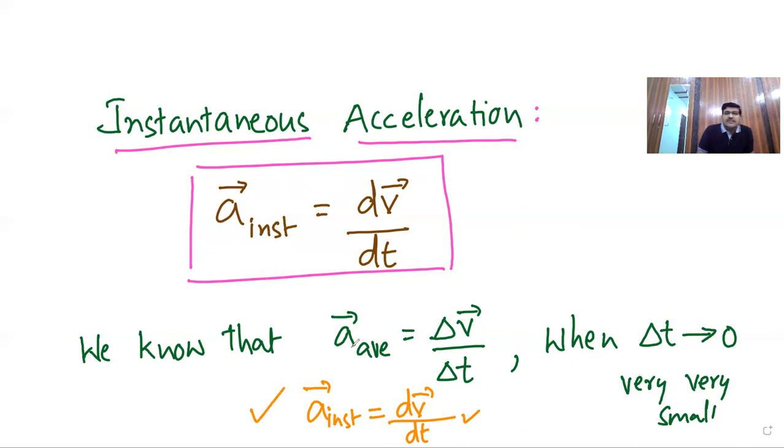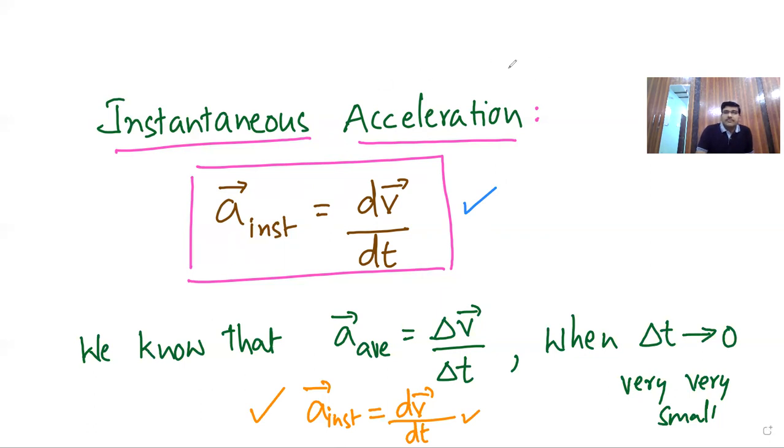The average velocity definition changes to instantaneous velocity when delta t becomes very, very small. Is it clear? Okay. This is valid only at a particular instant of time, when the time period is very, very small. Clear?